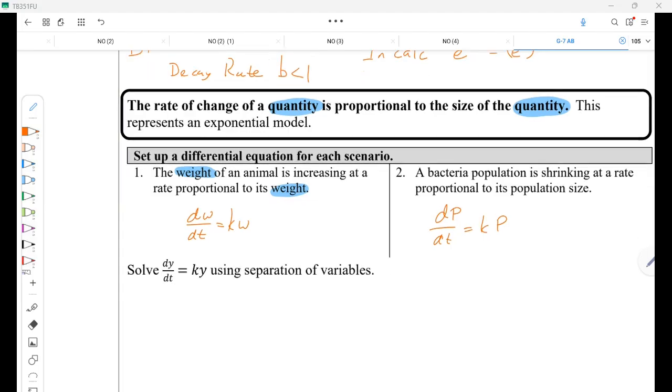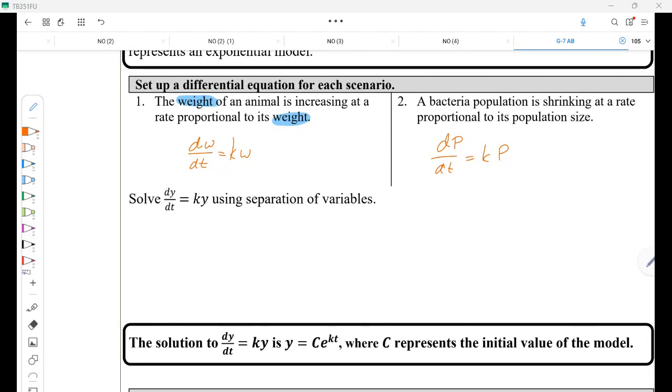Okay, this is super easy to solve. We'll find our solution. For any one of these, replace the W or the P with a y, and we get this differential equation, which, changing it into the language of integrals, gives us dy over y equals k dt. Anybody have any issues with that?